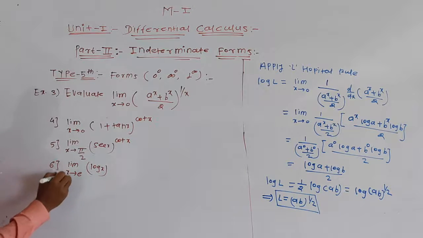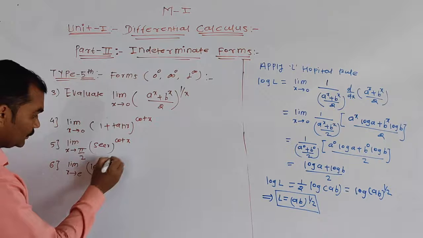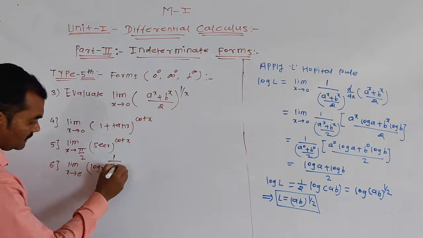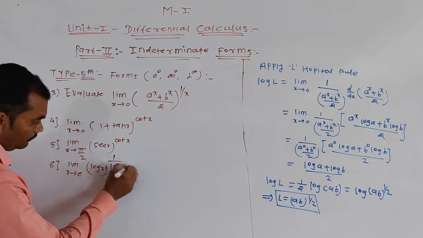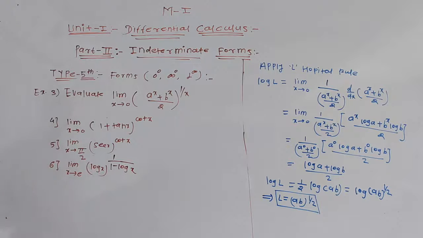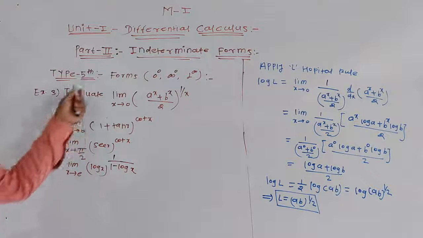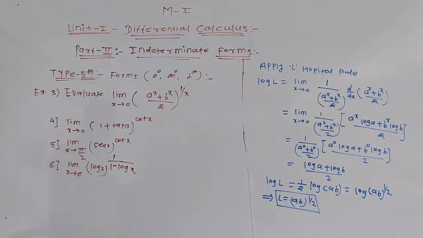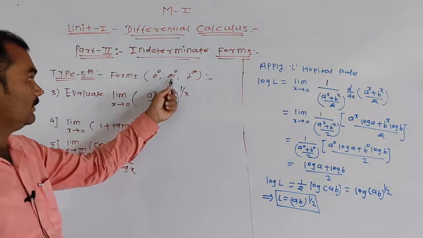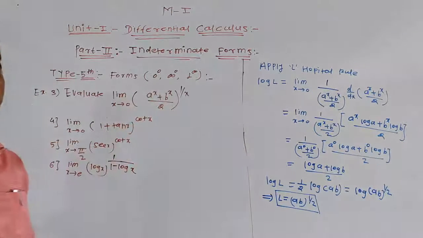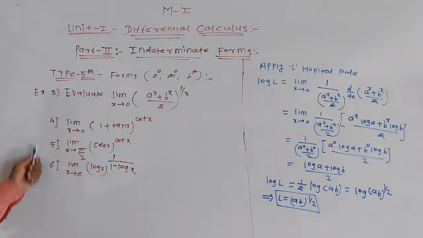Example 6: limit x tends to e, log of x raised to 1 upon 1 minus log of x. These are the examples of the types 0 raised to 0, infinity raised to 0 and 1 raised to infinity. Try to solve all these examples.